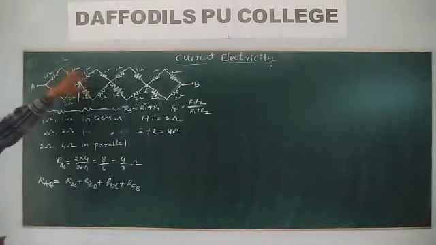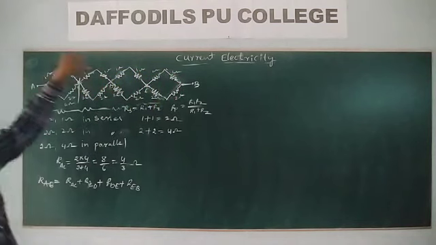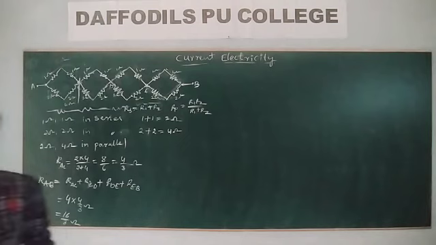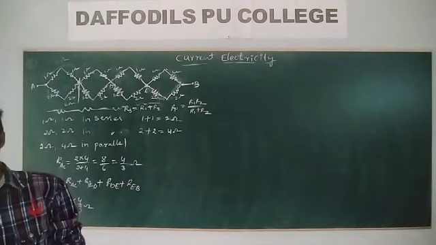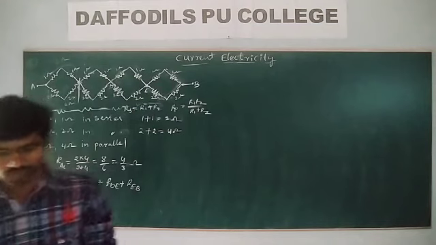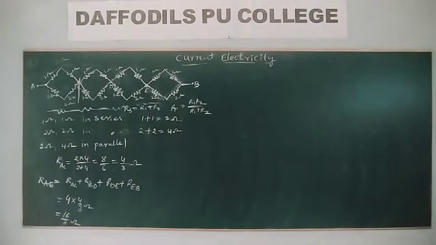Remember, for each loop the resistance remains the same because they are identical loops. That is equal to 4 into 4 by 3 ohm, which is 16 by 3 ohm, the equivalent resistance of the network.